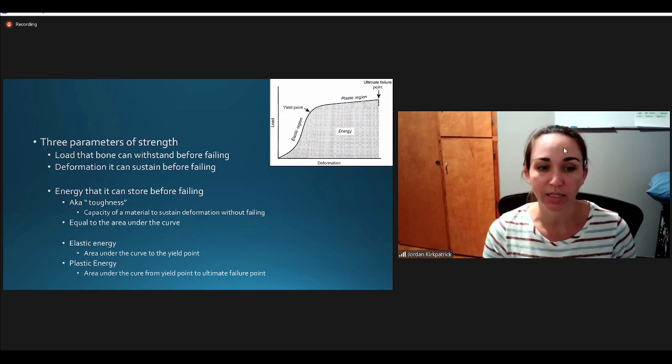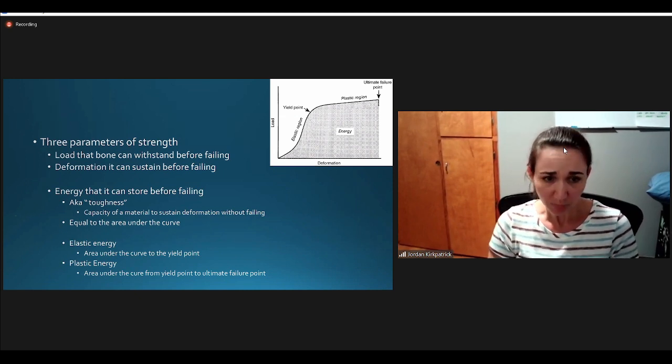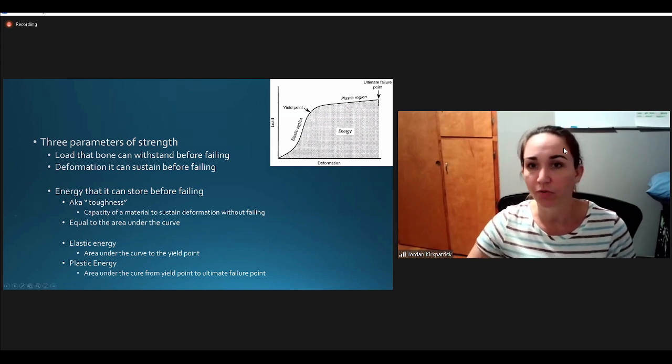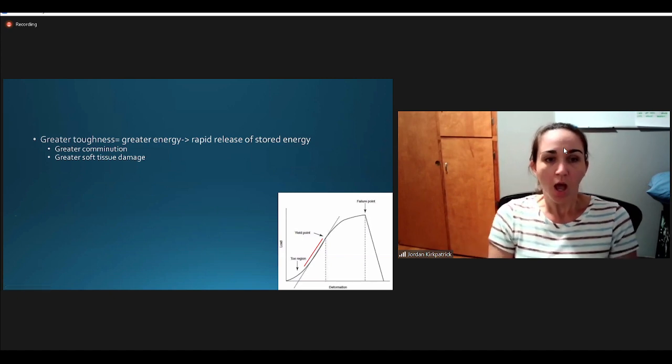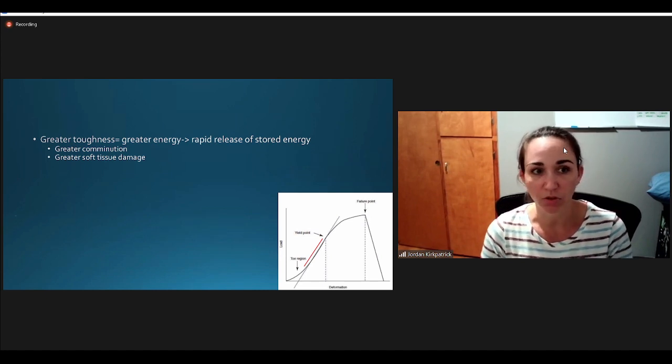Elastic energy is the energy that's stored before the yield point, so before it fractures. And then the plastic energy is the area under the curve from the yield point to ultimate failure. So elastic energy and then plastic energy. If the bone has greater toughness, it has greater energy, but then there's a rapid release of the stored energy.